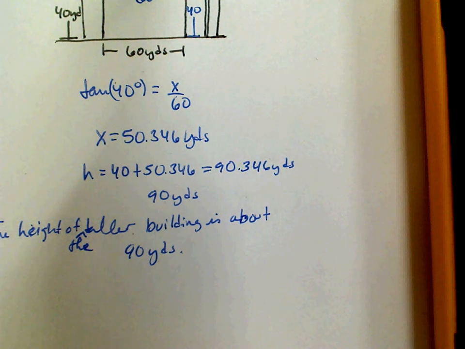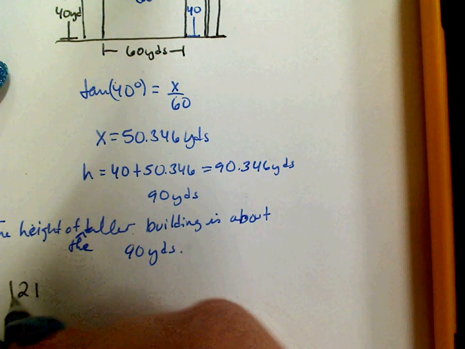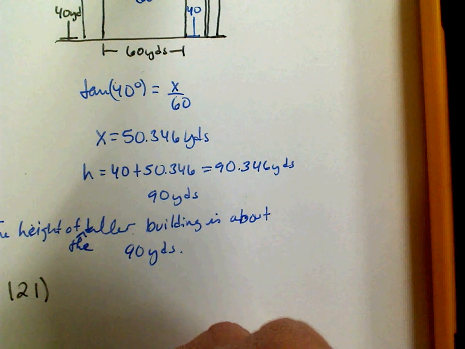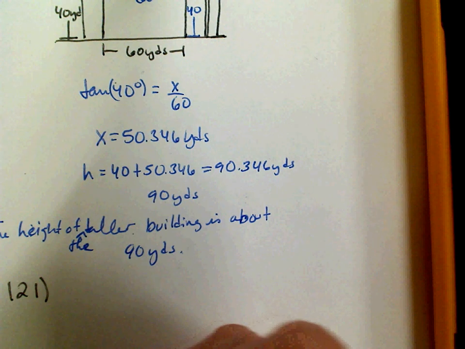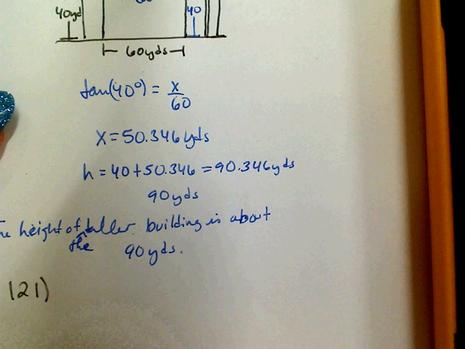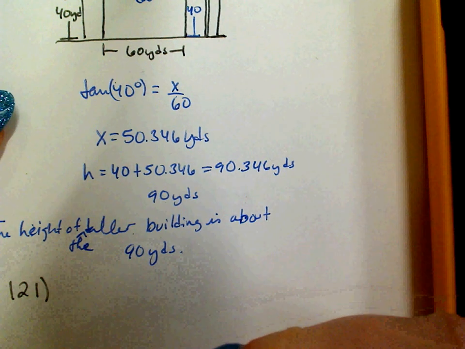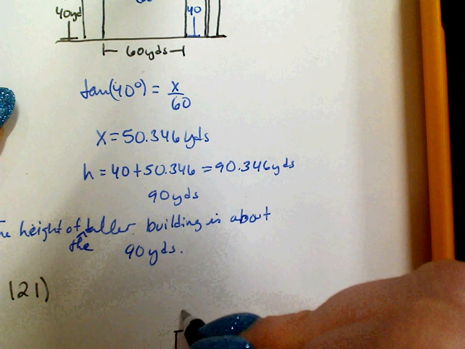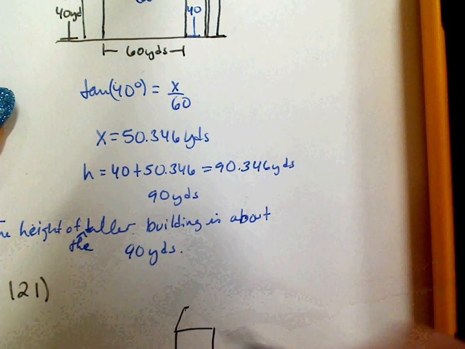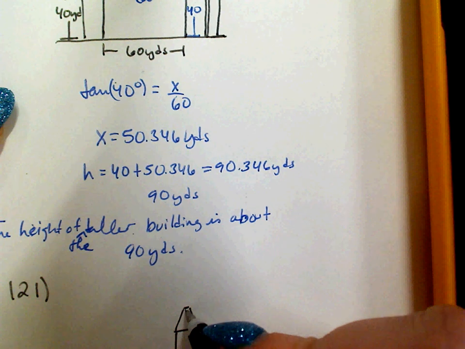121. You want to measure the height of an antenna on the top of a 125-foot building. So on top of the building, we have an antenna.